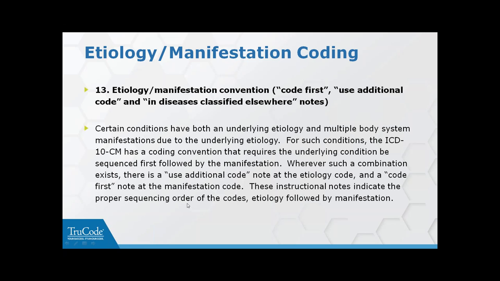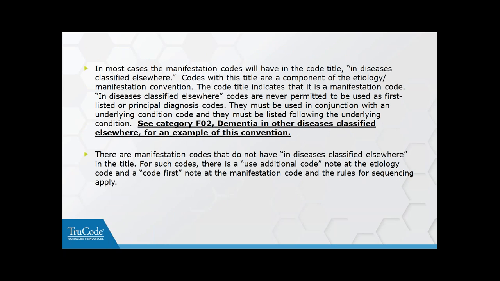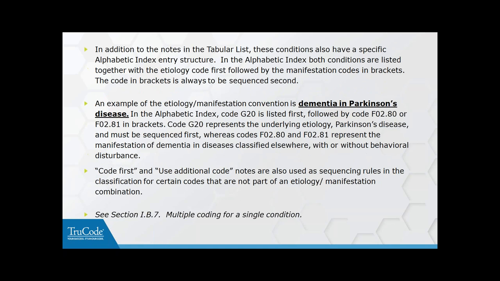Again, you want to look at the notes that say code first or use additional code, or in diseases classified elsewhere, which also typically tells me that that code would be assigned second in the sequencing. It tells you just a little bit more about the manifestation codes. Again, it just really focuses on that in diseases classified elsewhere, and we've already looked at the F02, and so I think we're pretty comfortable with that. So we're just going to go on and move on to our next topic.